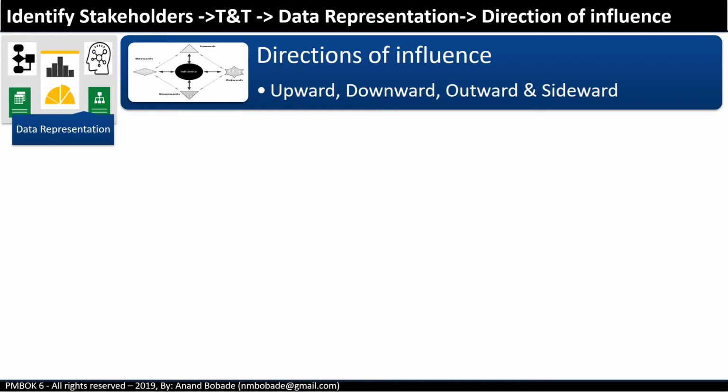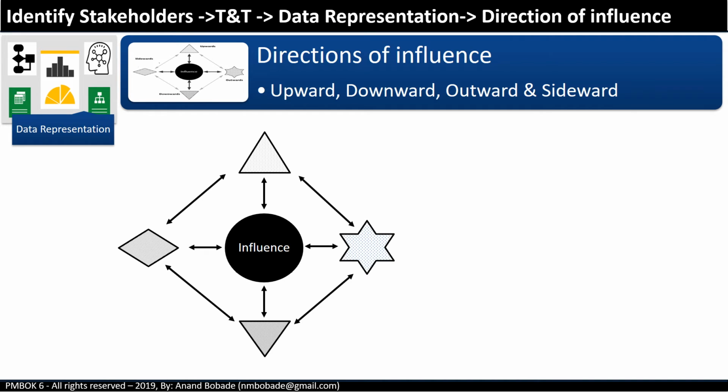Direction of influence. The influence part of the impact influence grid can go through further analysis through the direction of influence a person has. Direction of influence can be upward, where the project manager is working with the sponsor, senior management, stakeholders, and steering committee.